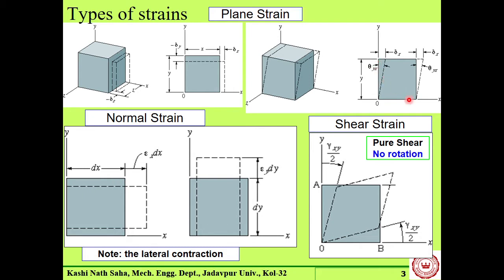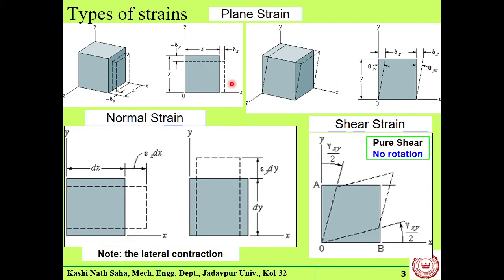And then we take tan of this theta, and if this is delta x, then tan of theta is delta x by this y. Right? That is one part.